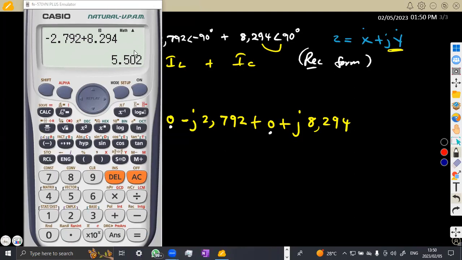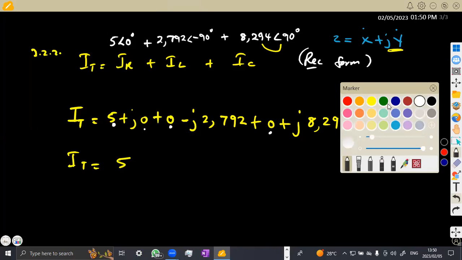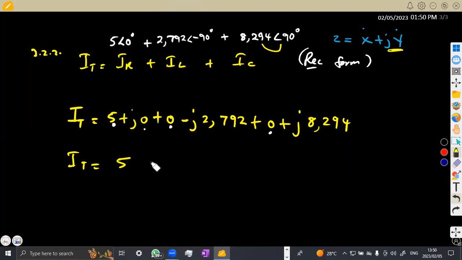So we are going to have plus, it was a positive there, so it's plus j 5.502. That's your total current, but this is in rectangular form.